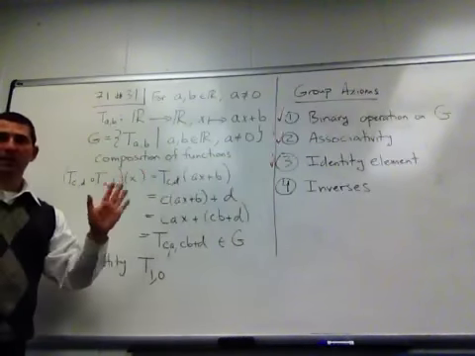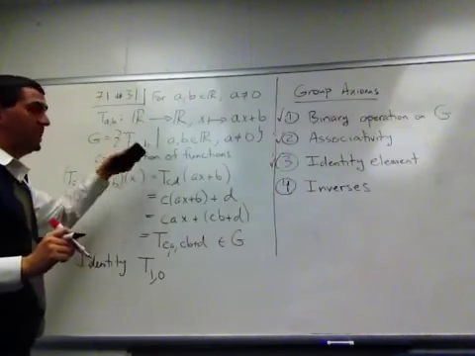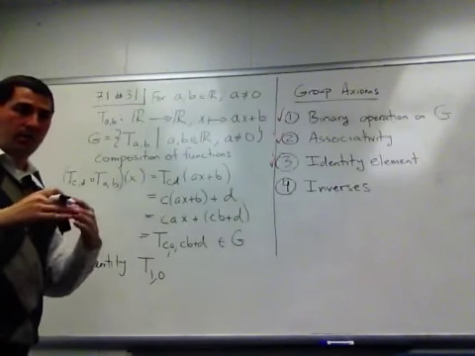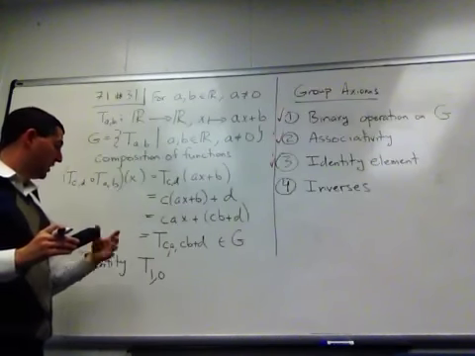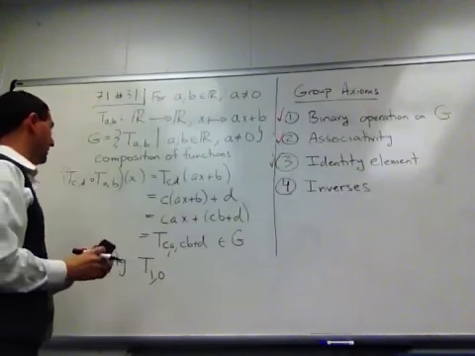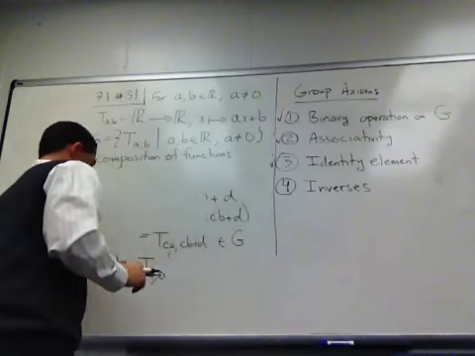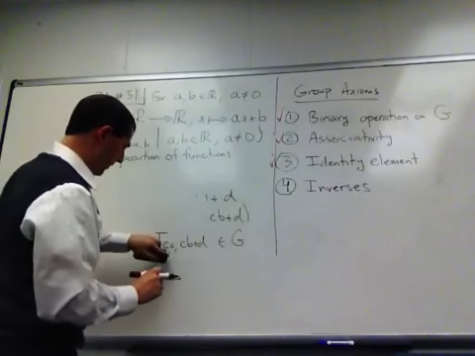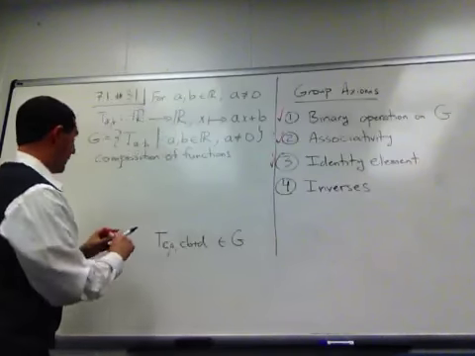Okay, so finally we need to look for the inverse. Starting with some t sub ab, we need to find some other pair, in this case c comma d, such that when we compose it with t sub ab, we get back t sub 1, 0. So let's take this formula that we concocted and copy it.